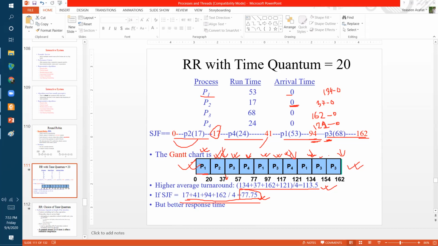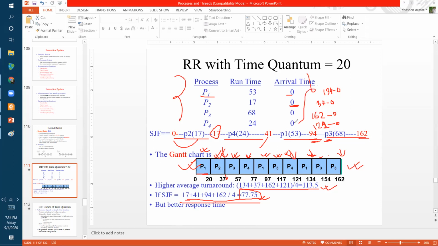In round robin, the response time of each process is very short compared to SJF. In SJF the turnaround time is short, but the response time is quite high.